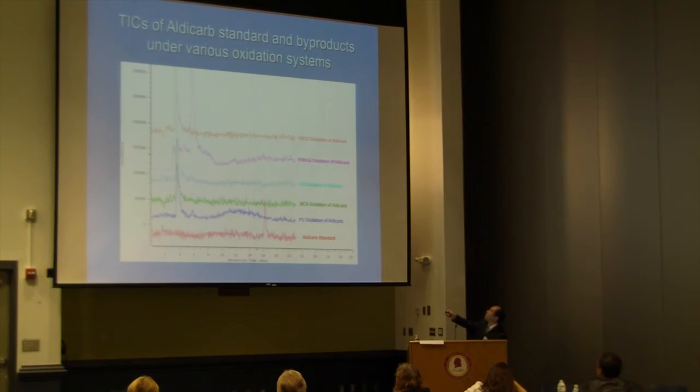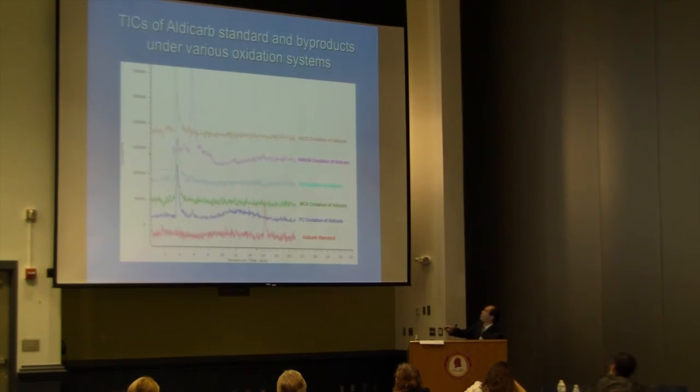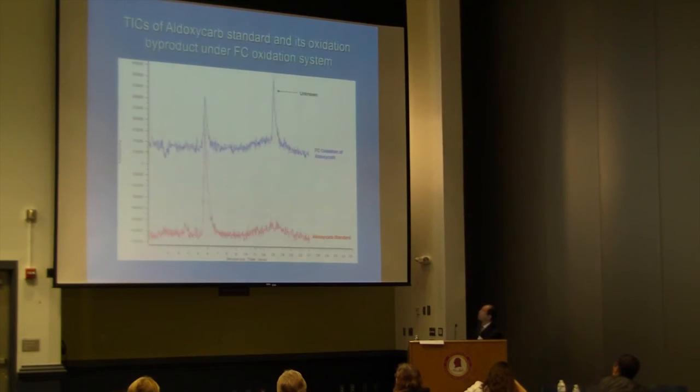And also under the permanganate oxidation, there's another new compound produced. And then also in the free chlorine, if we check here, free chlorine oxidation, there's a new peak here.